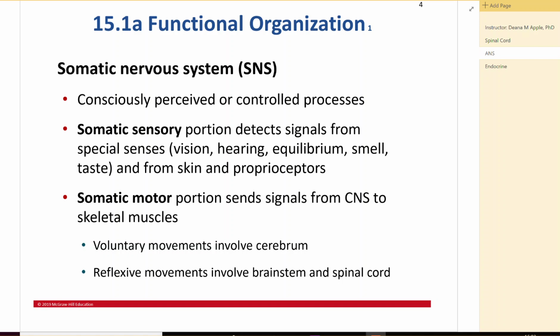Those are going to stop in the brainstem and the spinal cord. Remember, those are the reflexive centers, so those are the things that basically keep you moving and keep you alive and moving as a human should move. So we stop in the brainstem and the spinal cord with those reflexive movements. If we need to think about it like, oh, there's something on my leg, I need to turn around and look and see what this is, that's going to go up into your brain proper, your cerebrum.